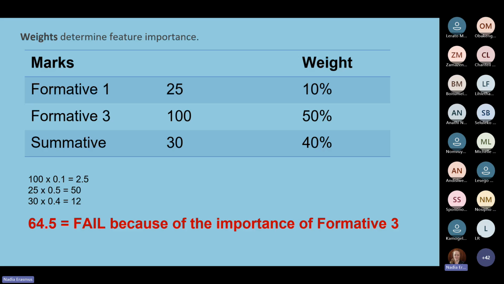So that is less than 40%. So 40% weight is going to give you 12. Yes, you have passed overall, but you did not pass with more than 40%. So you're still going to fail.